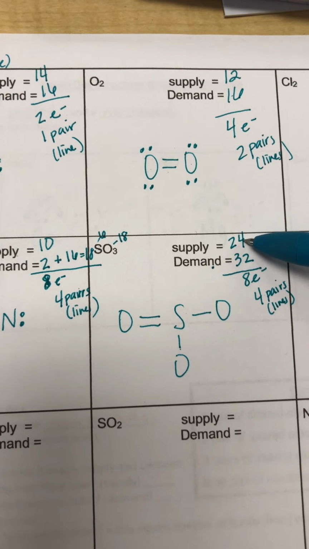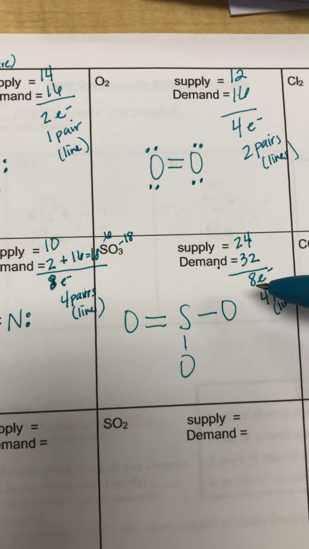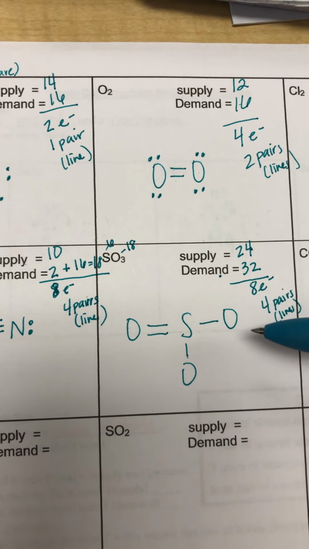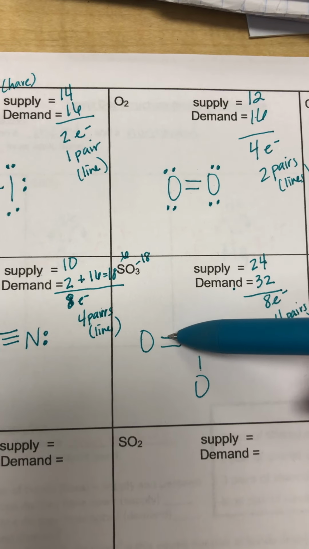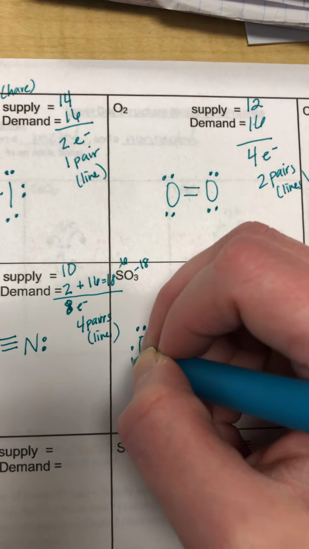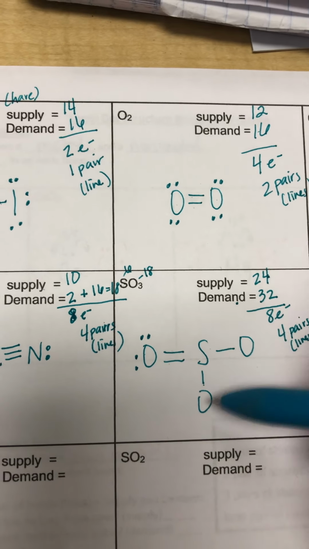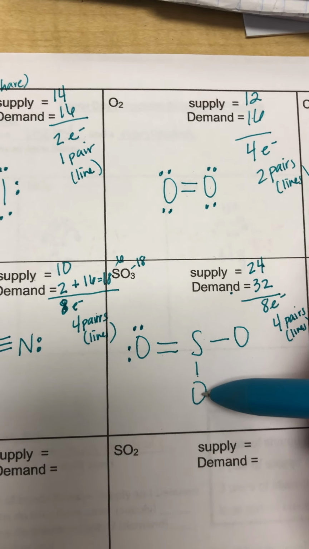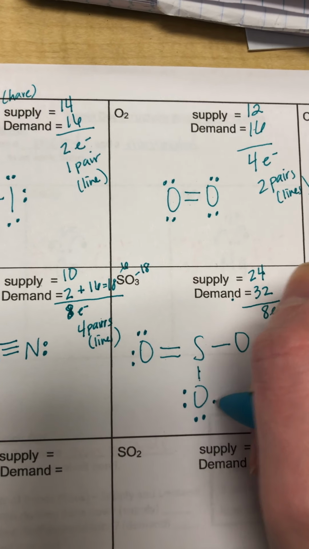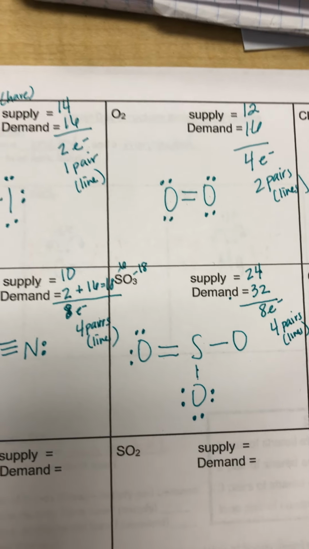So I've got to put dots until I get to 24, but I have to keep in mind that each atom can only have 8, so I can't have more than 8 on a single atom. I start here, 2, 4, 6, 8. I've got to stop there and move down here. It already has 2, 4, 6, 8.